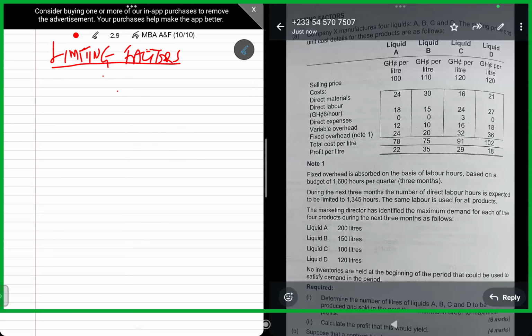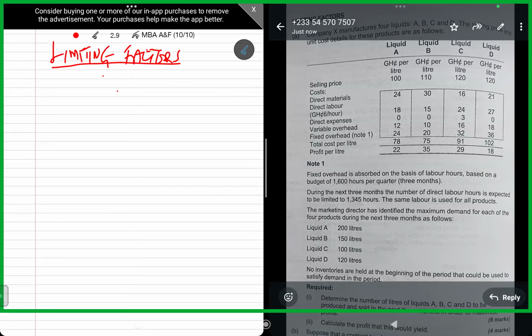So whenever we are given a question, the first attempt we make is to first identify a limiting factor.